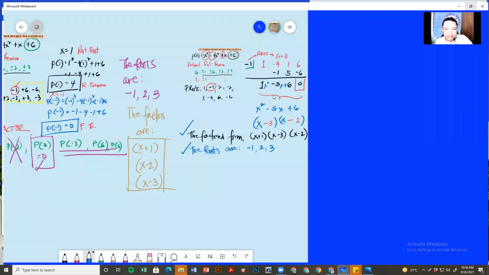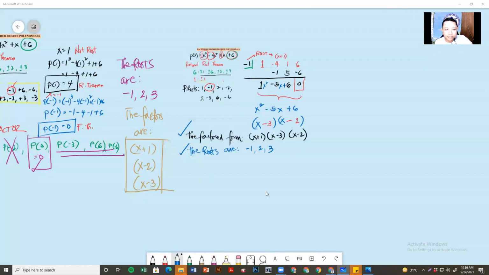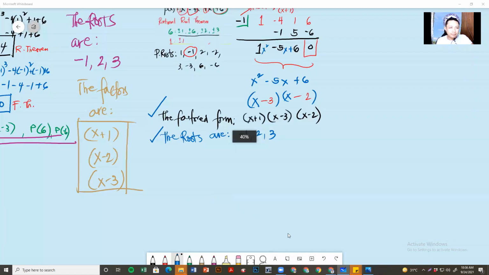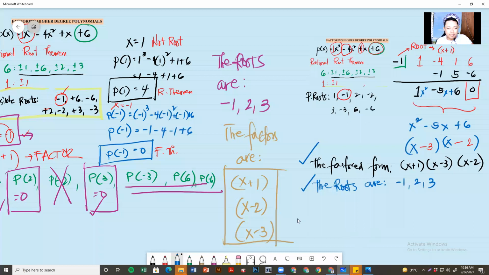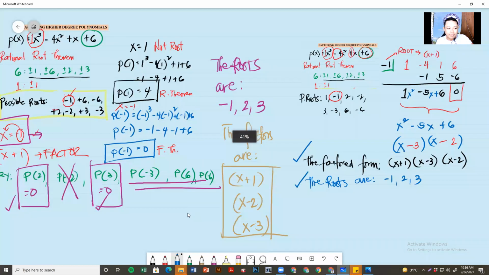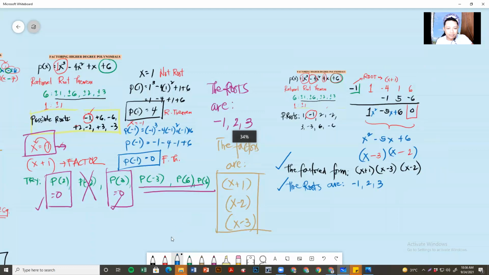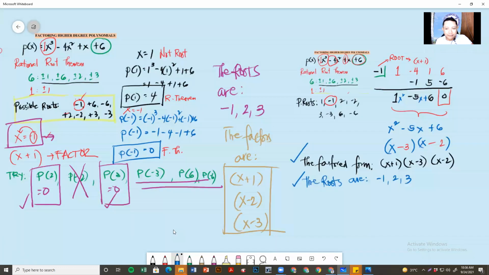Which is friendlier for you? The first one or the second one? I'm just showing you both of them. So the first way is trying all the possible roots, doing the factor and the remainder theorem.